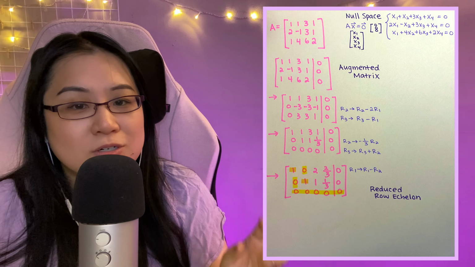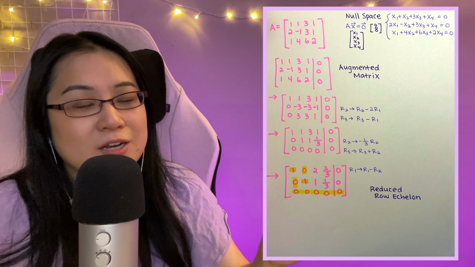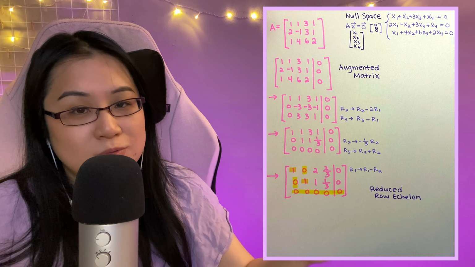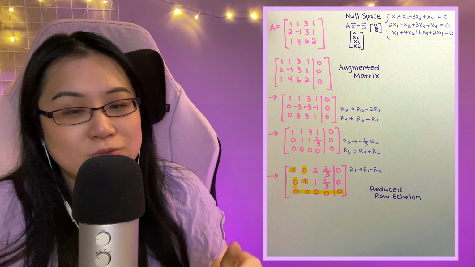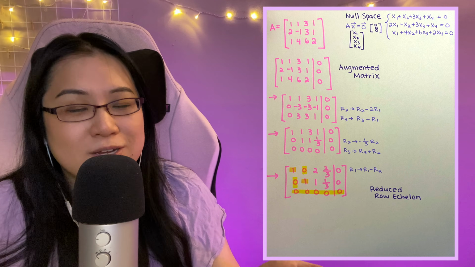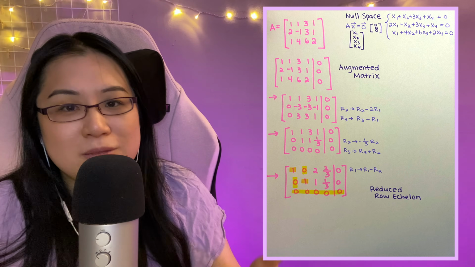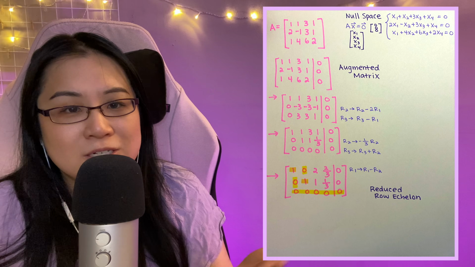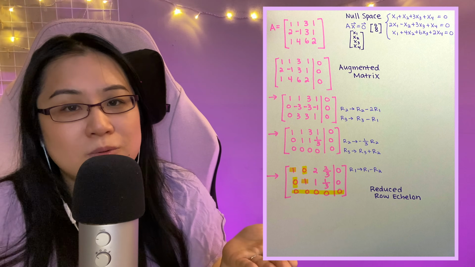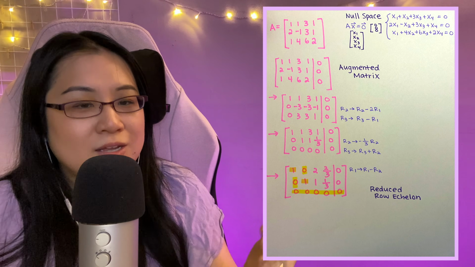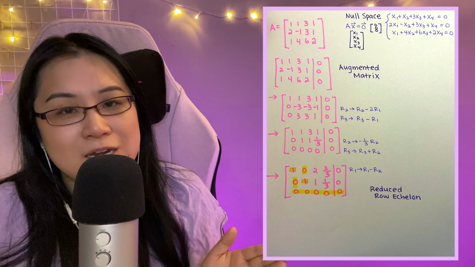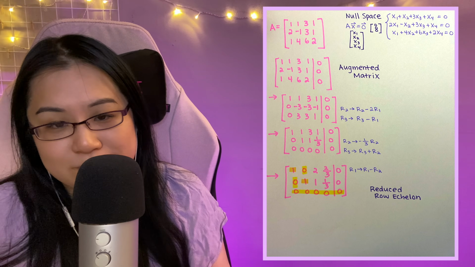So the R2 minus 2 R1 comes from the fact that I have a 2 and a 1 in row 2 and row 1. The rest follows. So I do negative 1 minus 2 times 1, 3 minus 2 times 3, 1 minus 2 times 1, and 0 minus 2 times 0. That's how I get 0, negative 3, negative 3, negative 1, 0.